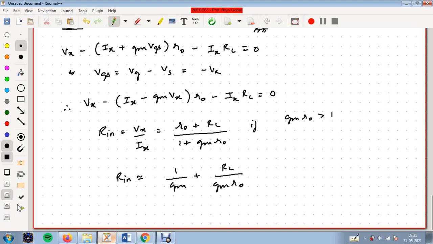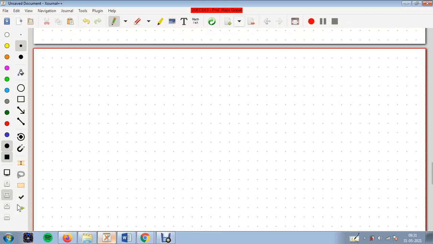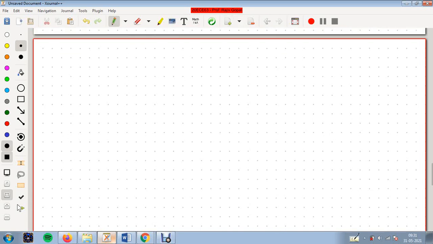So finally, if I use a common gate amplifier like this, this is my common gate, this is RS, this is RL, this is grounded again.